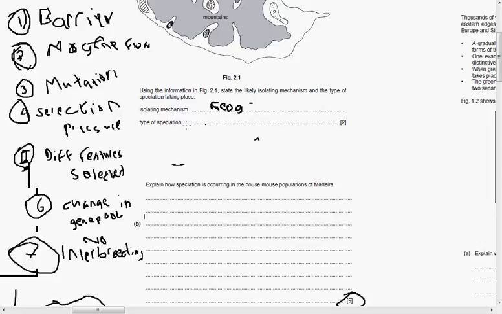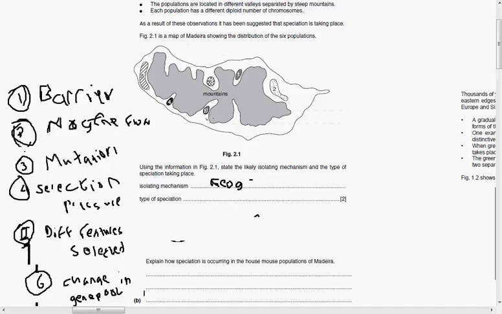And then the type of speciation: we said in the first video that there are two types, allopatric and sympatric, and in this case, as we saw, it's completely geographical. It doesn't have anything to do with meiosis. So this one will be allopatric again, right?